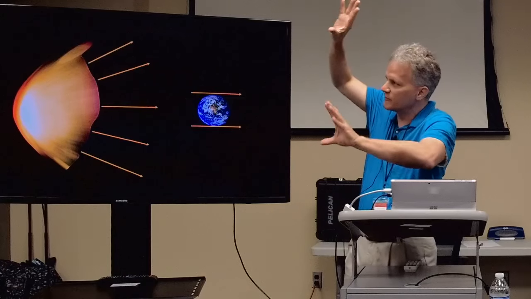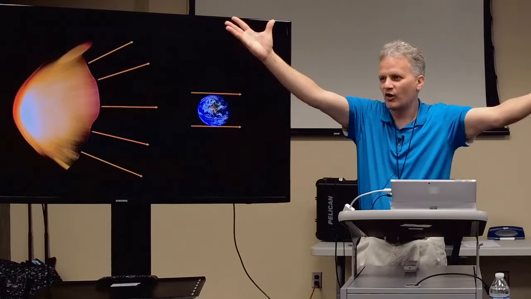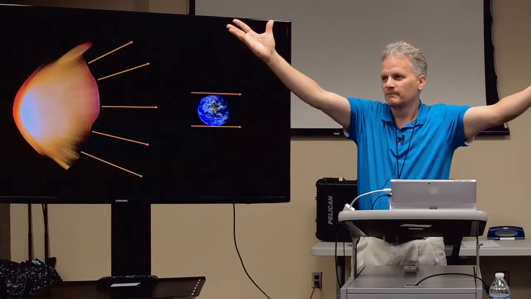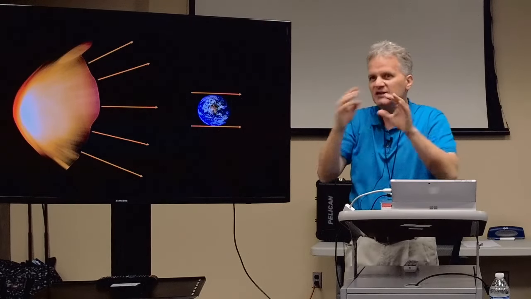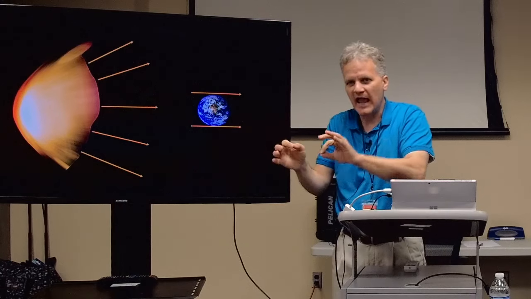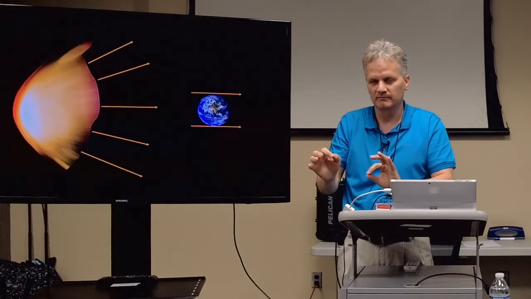All he would have to do is take this glob or these globs, wherever they were positioned in the universe, set them in motion outward, and that would create, like a fireworks show, all of the stars in the universe. So this fits all of the data and the biblical text perfectly.